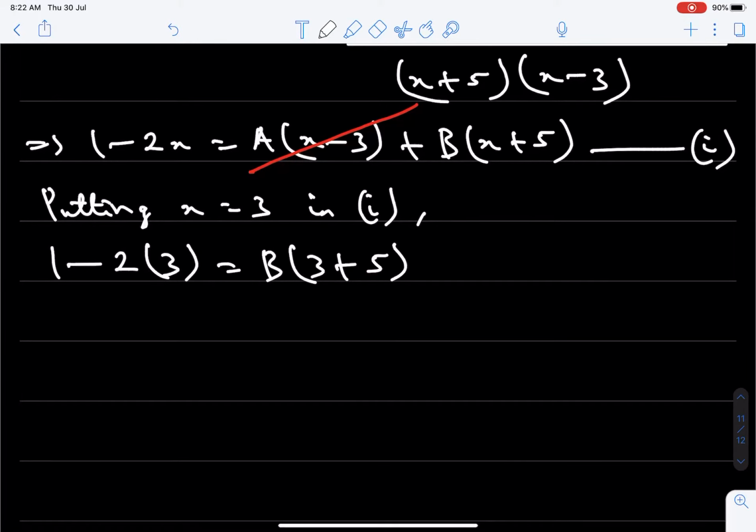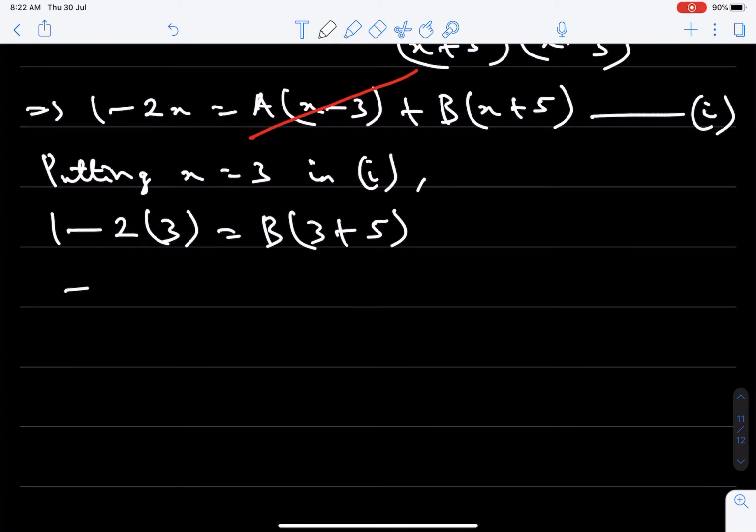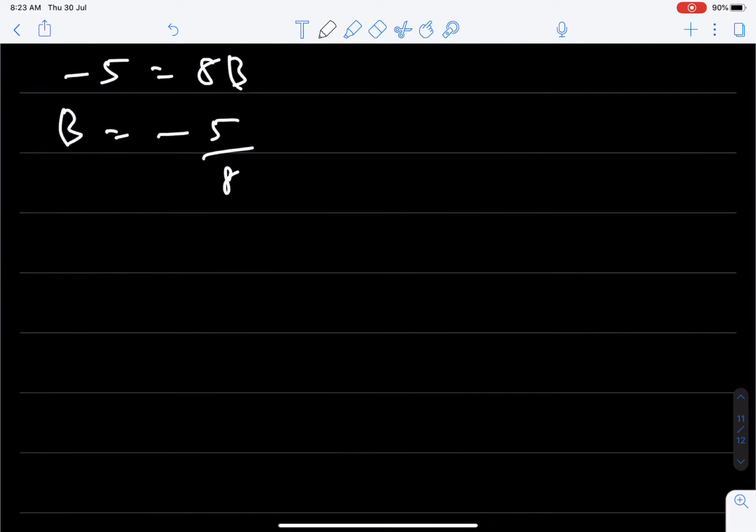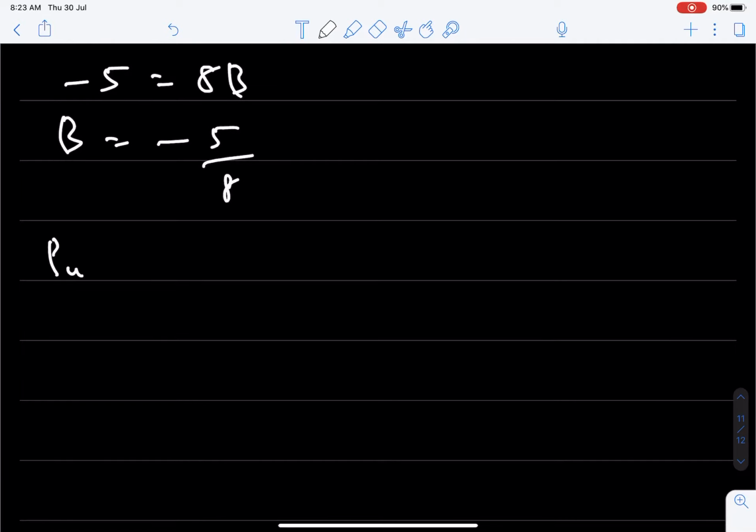And that means 1 minus 2 times 3 is 6. 1 minus 6 is minus 5 equals 8b. And that means b equals minus 5 over 8. That's dividing both sides by 8.